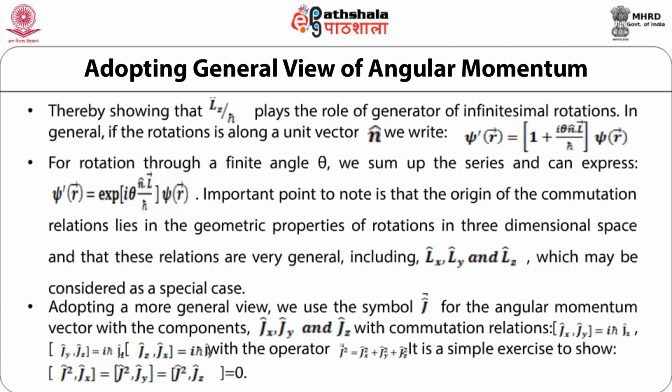Further, one can also show that the commutation relation between the square of the total angular momentum operator and the components of the total angular momentum operator, that is, the commutator of J squared and J_x, or J squared and J_y, or J squared and J_z, all turn out to be equal to 0.